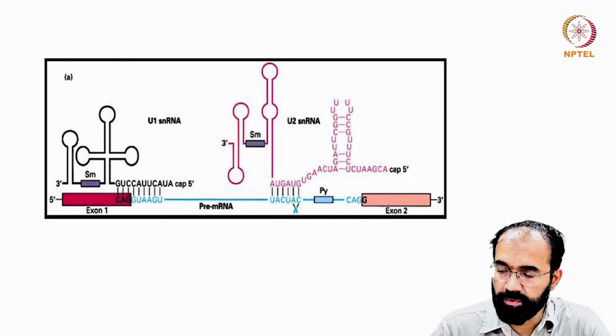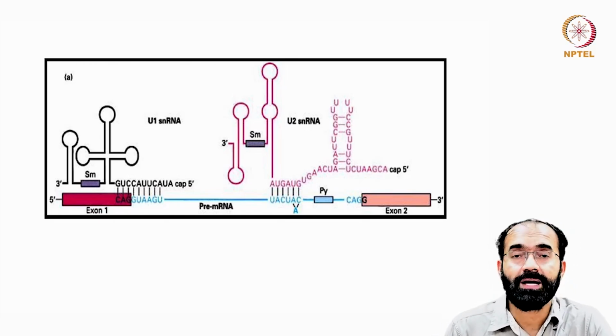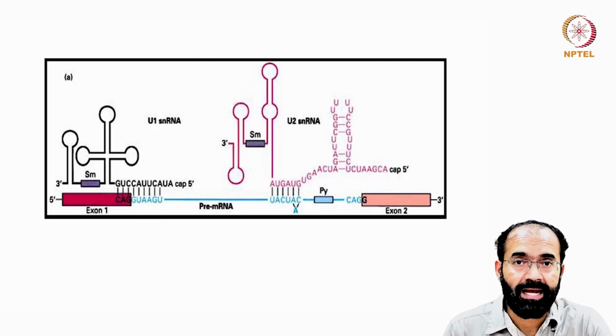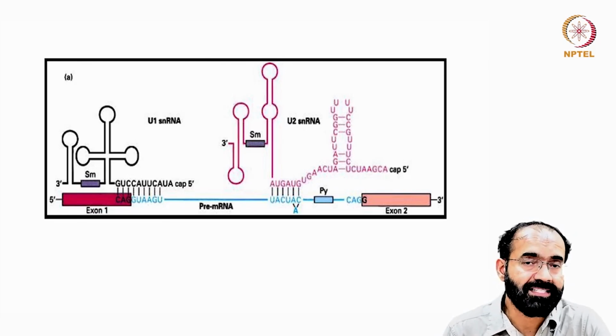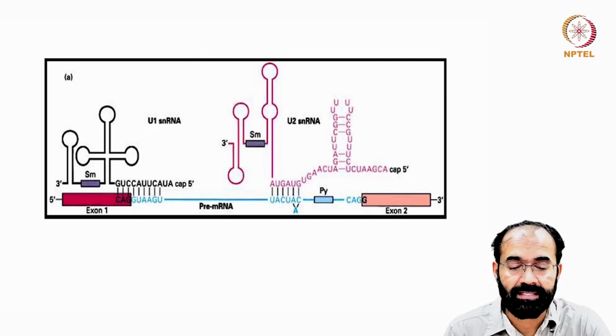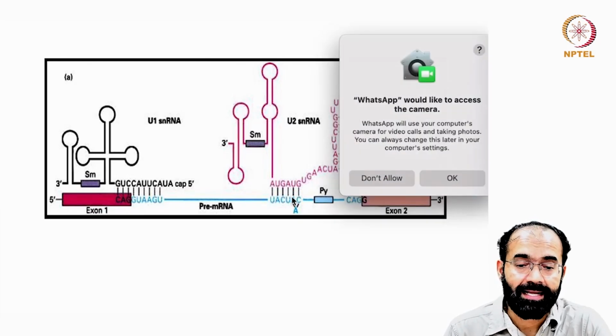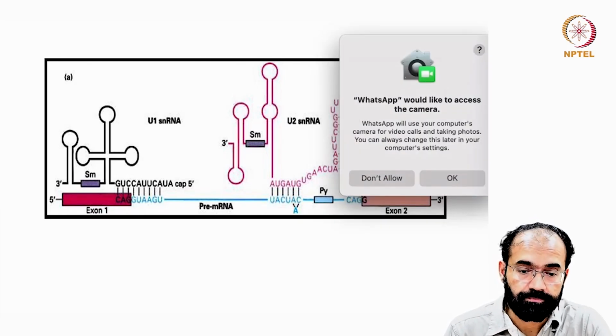So what is important for this is, you may remember in group 1 and group 2 self splicing introns, you studied about that in the ribozyme part. We remember that one of them recruited an exogenous guanosine, and in another, group 2, it had a branch point.